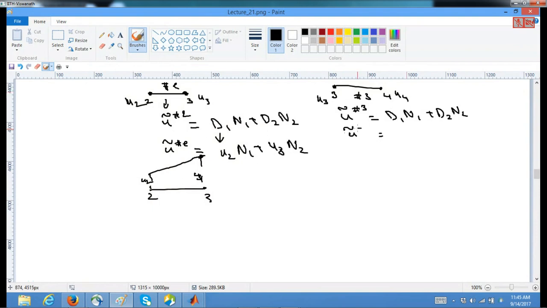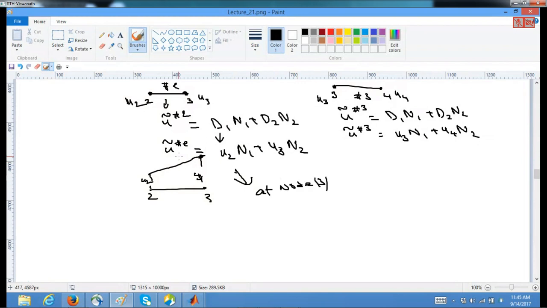So u tilde of 3 is u3 N1 plus u4 N2. Now what I want to do is evaluate this at node 3.